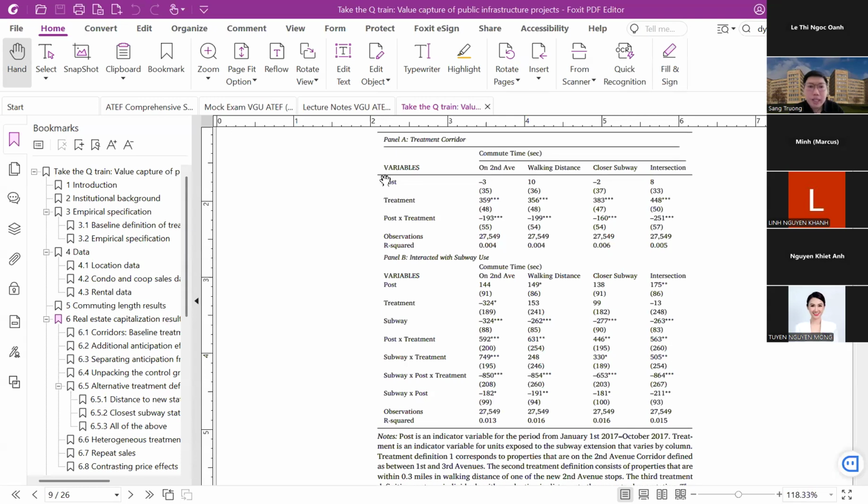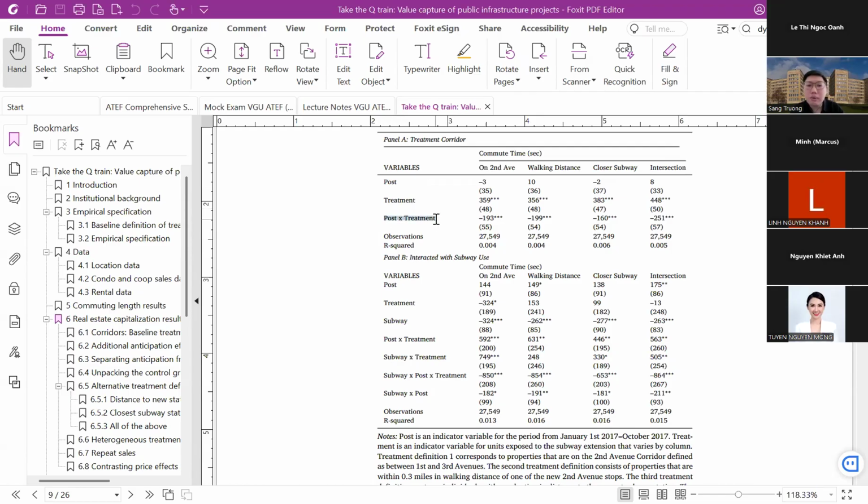Okay, so for example, in this paper we have only this variable, right? Treatment is one if it's the treated group, zero if it's control. Post is zero if it's before the treatment, and one if it's after the treatment, right?